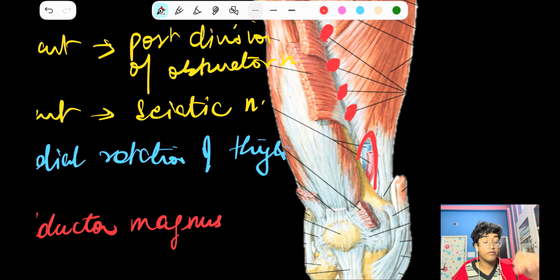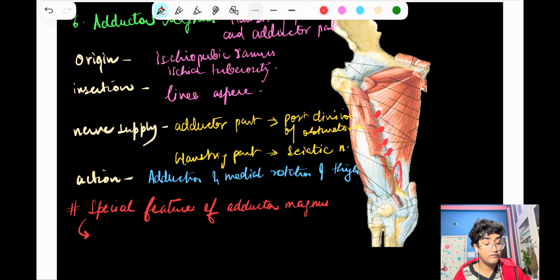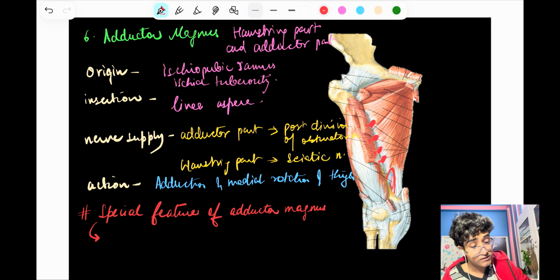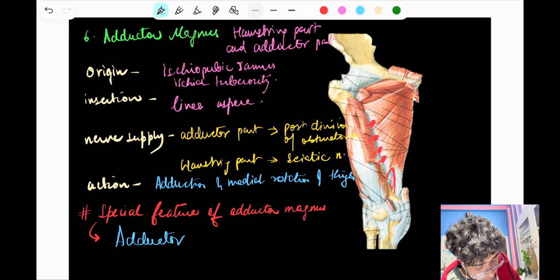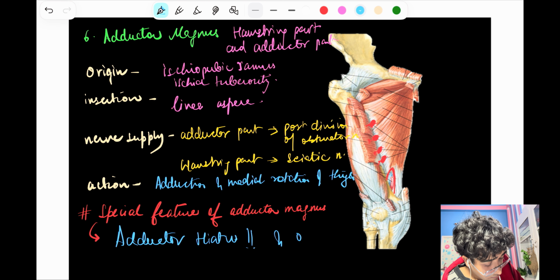Through the minor openings, the arteries supply the muscles, and through the adductor hiatus, the femoral vein and the femoral artery pass and reach the popliteal fossa.